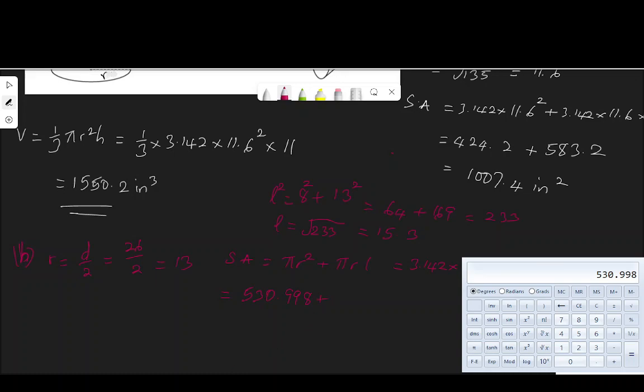Plus 3.142 times 13 times 15.3 is 624.94.